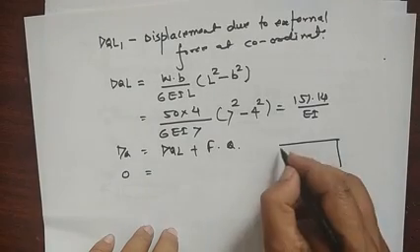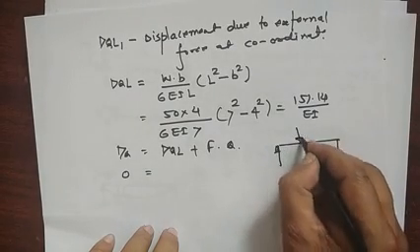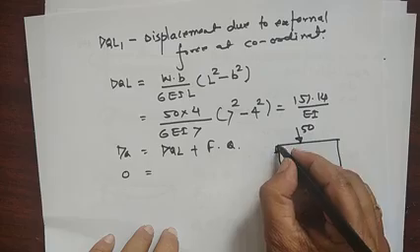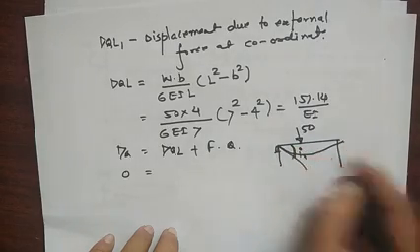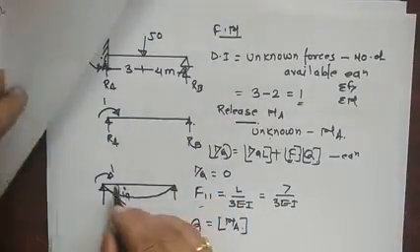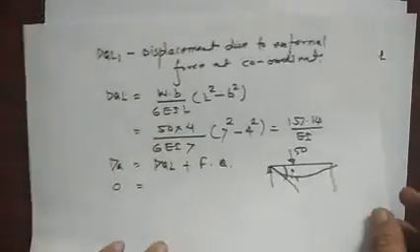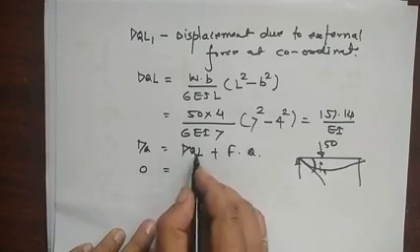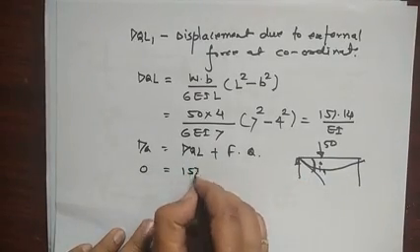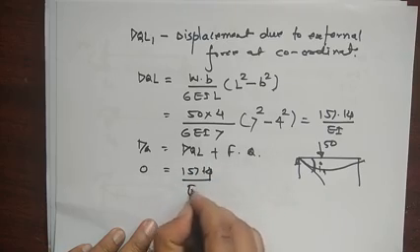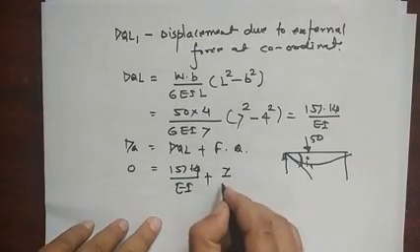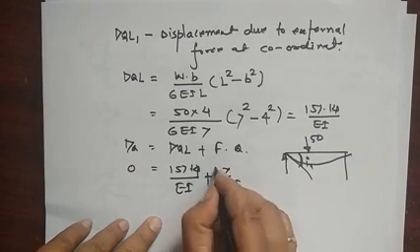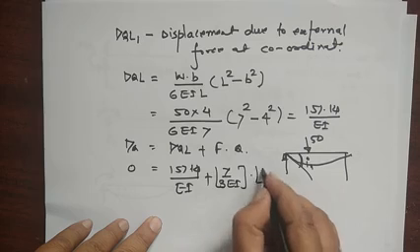Due to this load of 50 kilonewton, this slope and this slope are both the same, that is why this value is positive. So dql is equal to 157.14 divided by EI plus, now the flexibility matrix is 7 by EI into Q, which is MA.